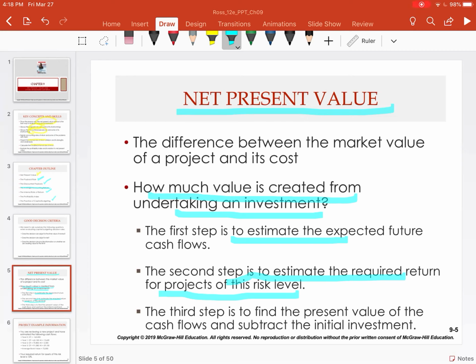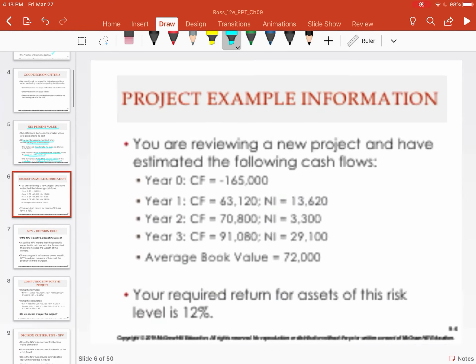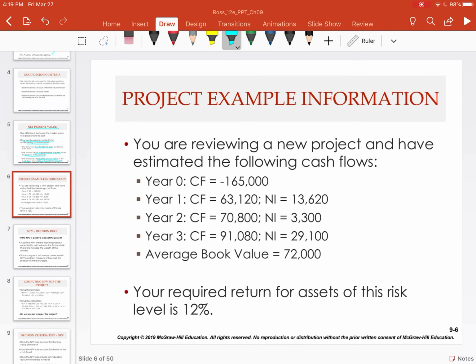And then the third step is to find the present value of those cash flows. Ultimately, from that present value, we're going to subtract the initial investment. So going forward, we're going to consider a simple example, and this is an extremely good example for us to consider.